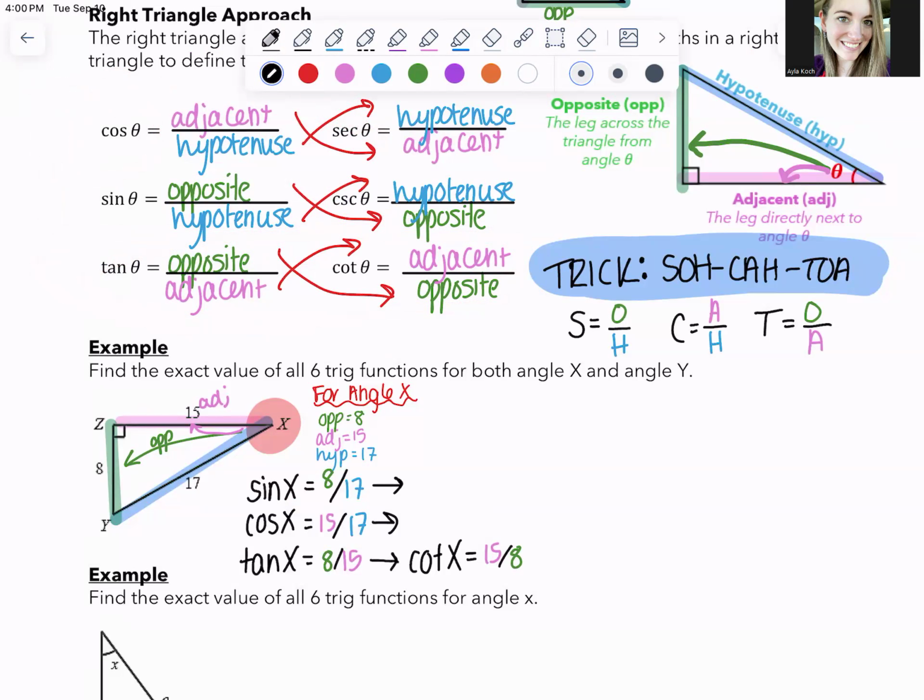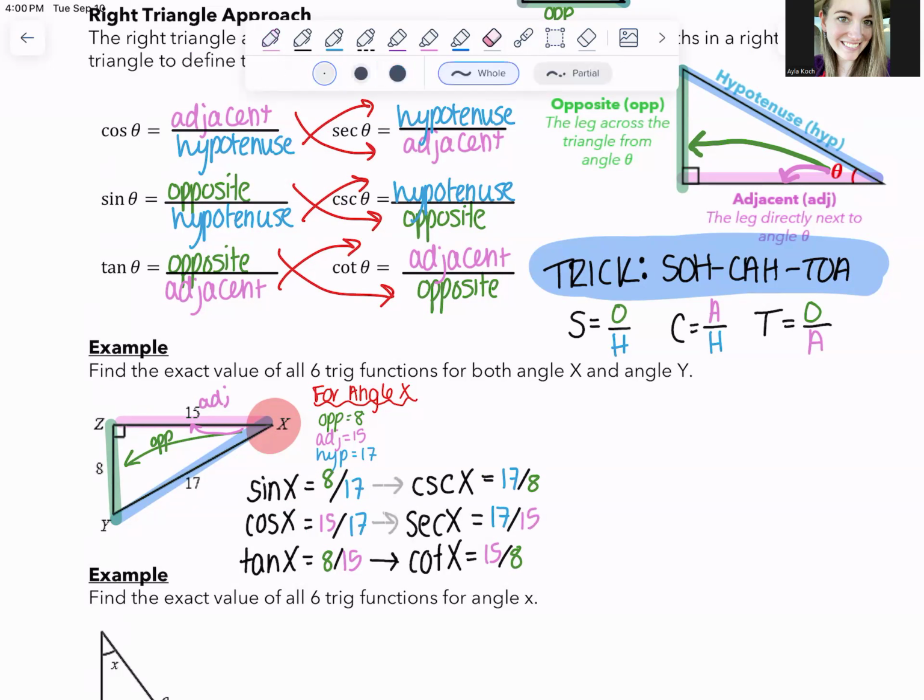All right, so sine's soulmate is cosecant. So if sine of angle x was 8/17, then cosecant of angle x is 17/8. And finally, cosine, his soulmate is secant. And the reciprocal of 15 divided by 17 is 17 divided by 15.